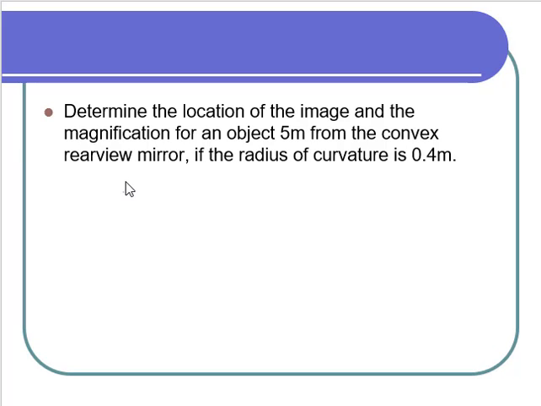We have 1 over di plus 1 over do is equivalent to 1 over f. Therefore, our 1 over di is just 1 over f minus 1 over do. Then we get the reciprocal of this so that we can get the distance of the image.